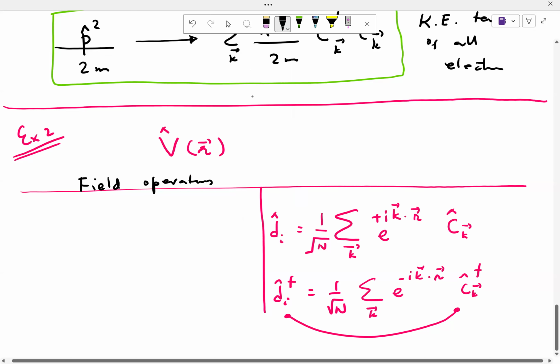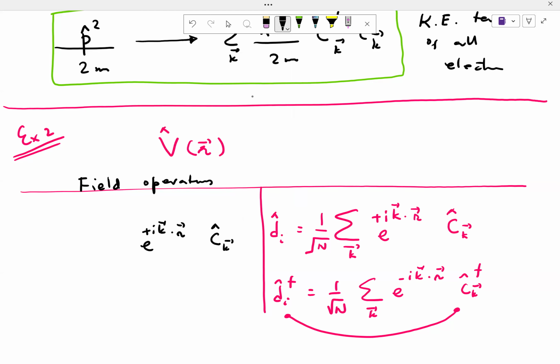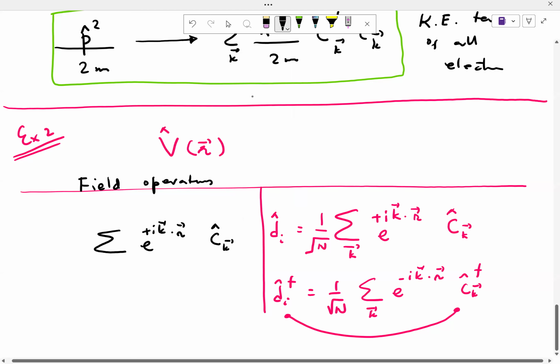Now, field operators are simply given in the following fashion. So c_k, so this is the definition, c_k e^{+ik·r}, and then I take the sum over k, and I divide by the square root of the volume.